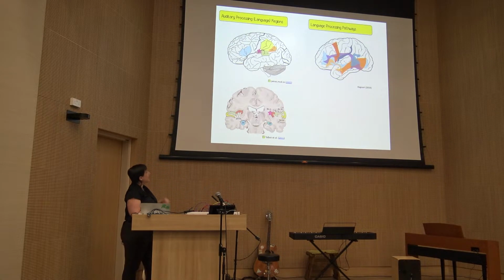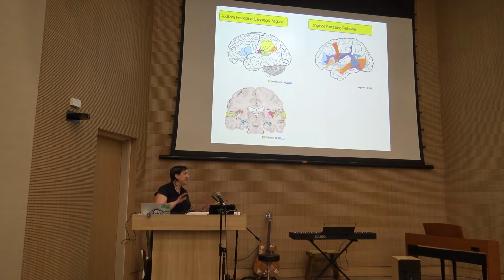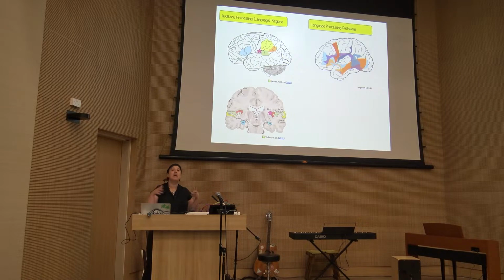However, contemporary neuroscience has told us it's much more complicated than that. We actually have a ton of brain regions that are all involved in processing the sound of human language. And the connectivity patterns that you can see on the top right here are much more dense and much more diverse.